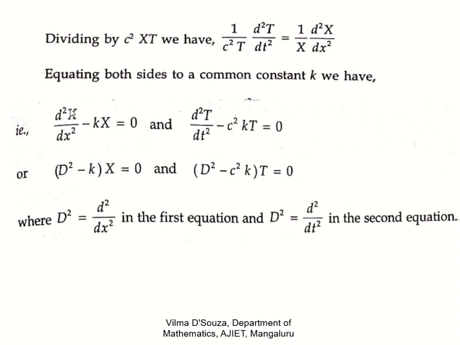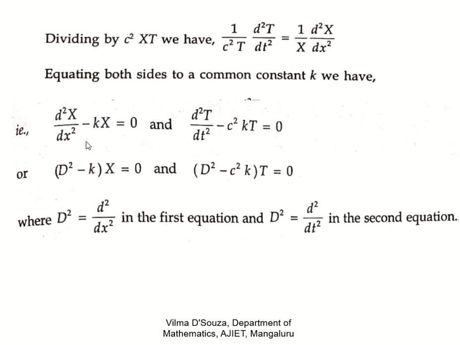Cross multiply: d²X/dx² minus kX equal to 0 and d²T/dt² minus c²kT is equal to 0. Or if you take capital D as d/dx, this can be written as (D² minus k) X equal to 0, and if you take D as d/dt, (D² minus c²k) T is equal to 0.